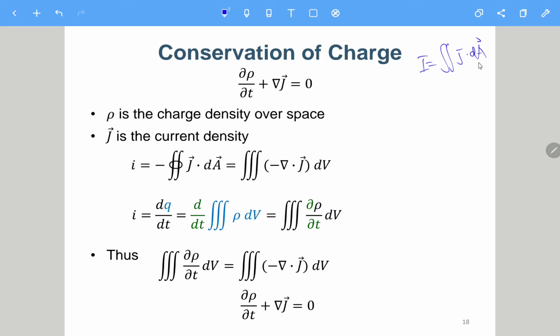So it is only defined for a cross-section area. If we have a J here, then we can calculate the I over the whole space. But here, we try to consider a volume.